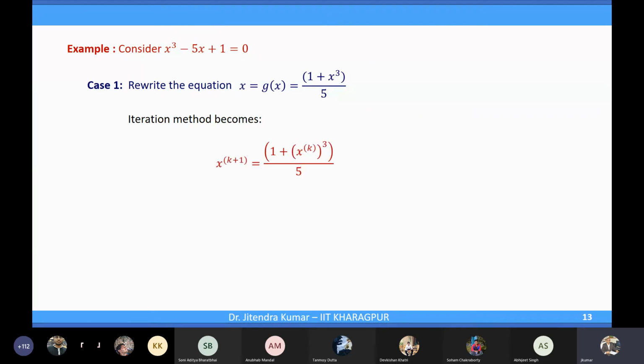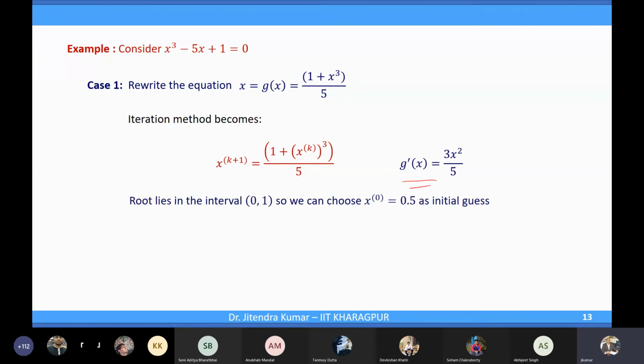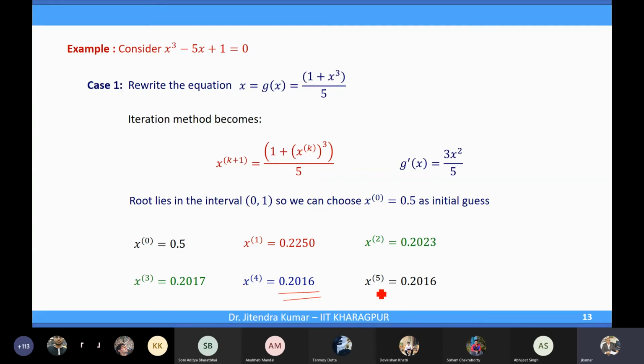We realize that g prime x is 3x square by 5, and if our interval is 0 to 1, then this g prime is less than 1, and we can take any guess in between. So we have taken 0.5 as initial guess, and then from x1 you will compute x2 and so on, and you can see this kind of convergence, right? The value is converging.